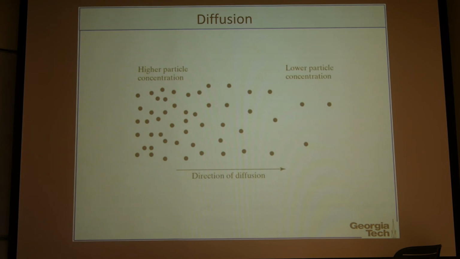So you can think about this like an electron. Those are electrons. Then the electron will tend to move in this direction. Then of course you will have current flow to the left. So this is called diffusion.